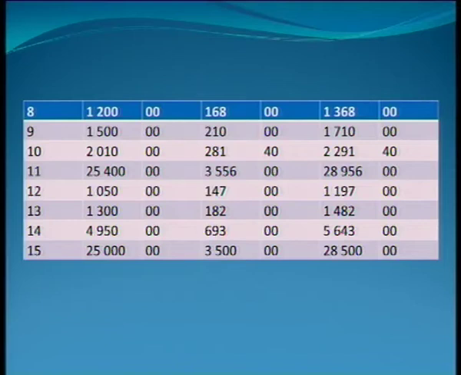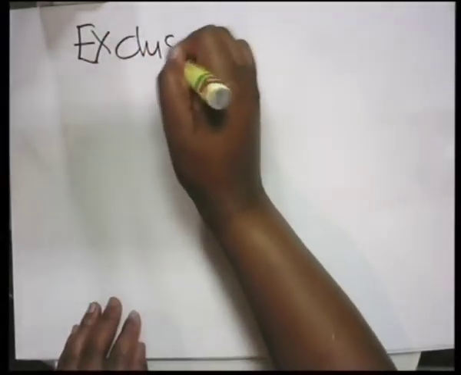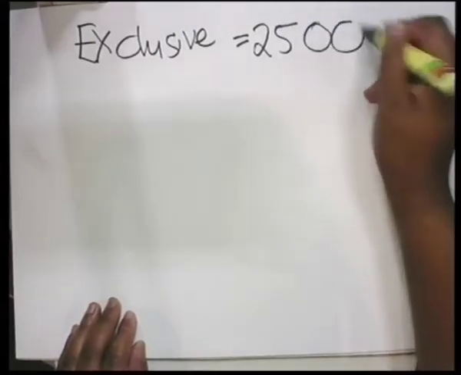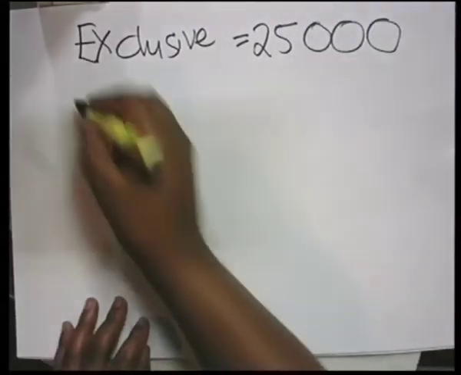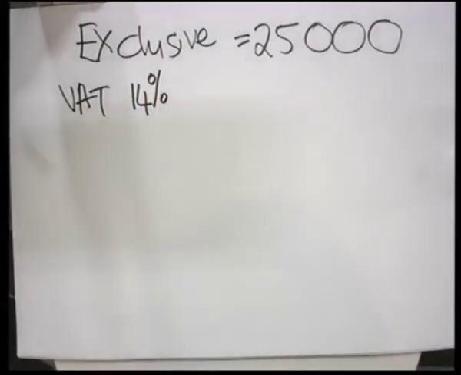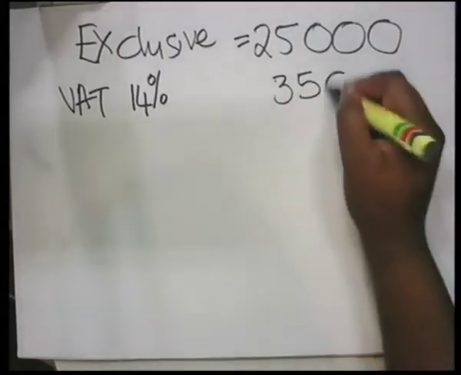25,500. Maybe we can just do a last one all together so you can see what I explained to you. If you are given your exclusive amount, which in this case is 25,000, and we know that our VAT is charged at 14%, we then say 25,000 on your calculator times 0.14, it's 3,500.